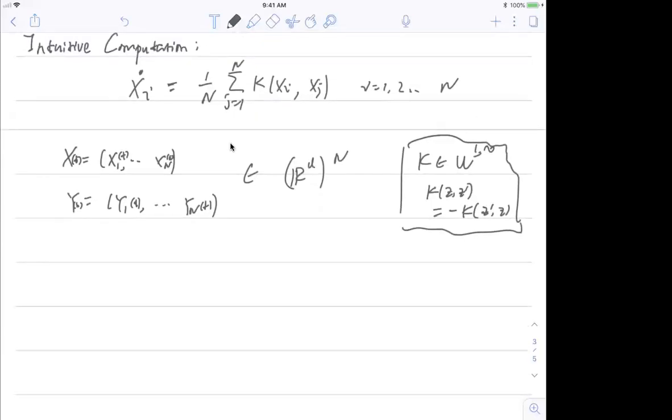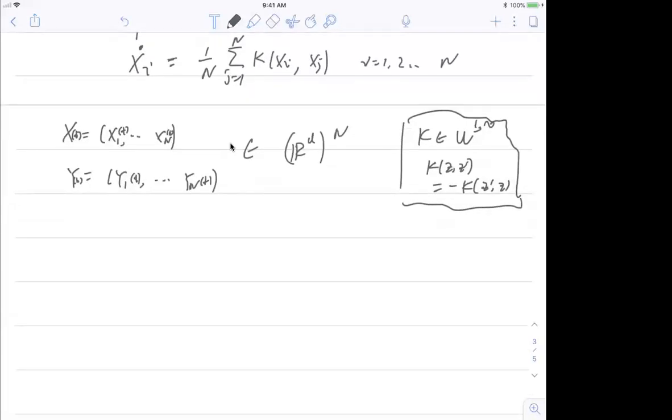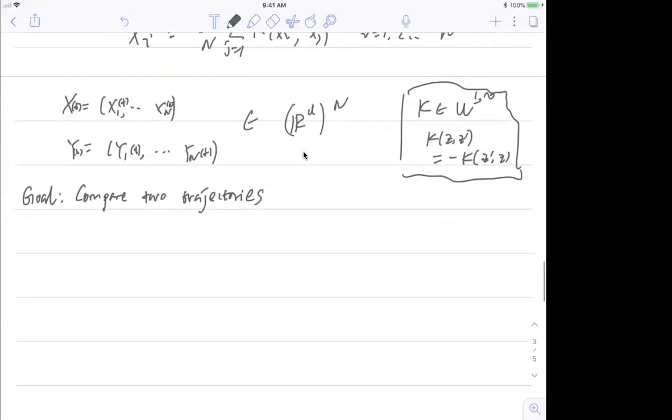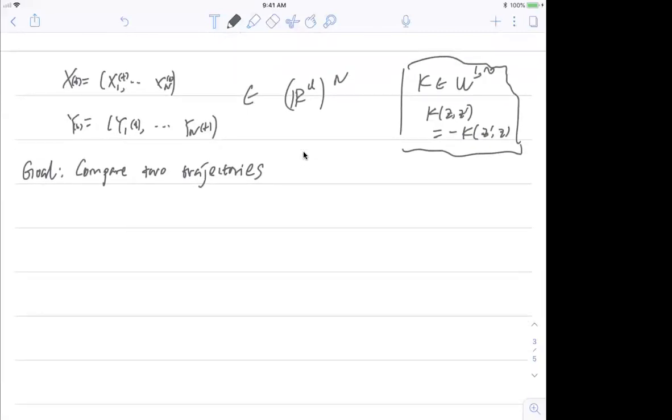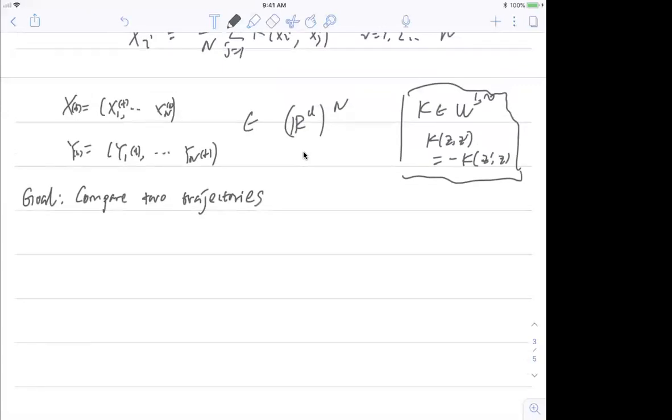Okay, so now I want to compare these two trajectories. It's very easy to do that. Just take the derivative, but we need a norm.